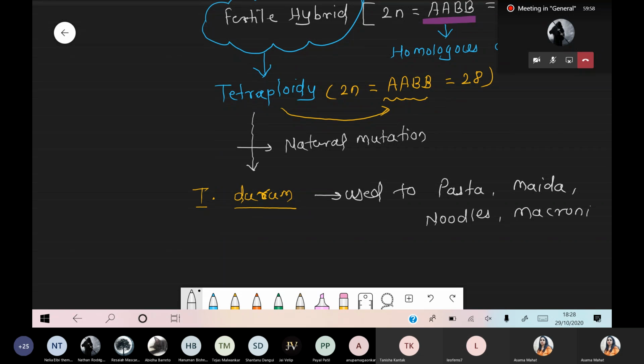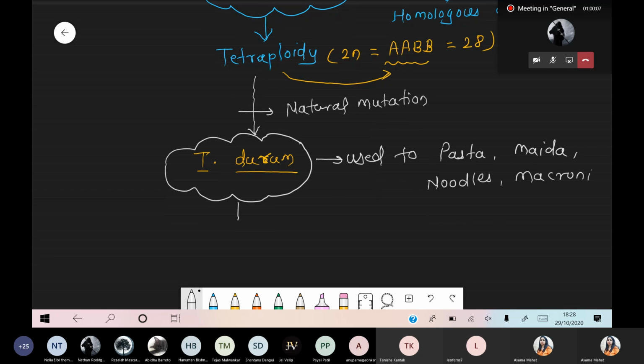Okay, so that's why this Triticum durum species is also called macaroni wheat, because it is a bit hard. So this Triticum durum is also called macaroni wheat, which is quite hard. It is hard in nature.